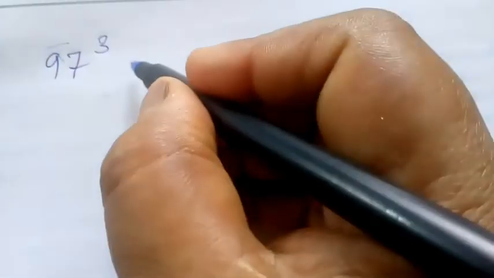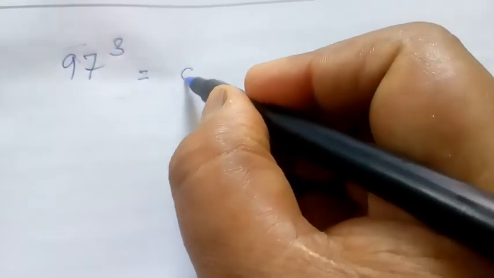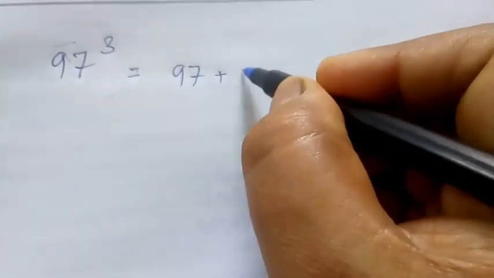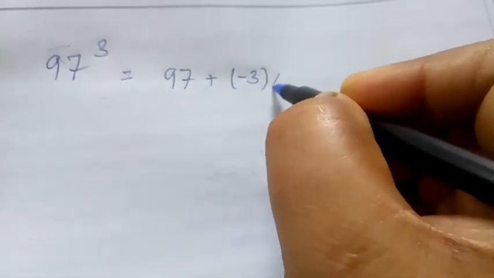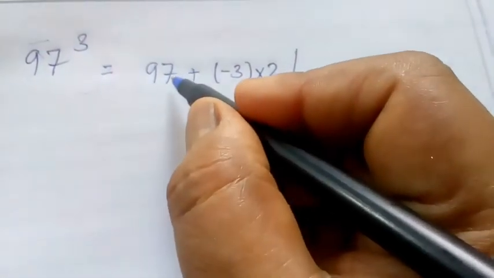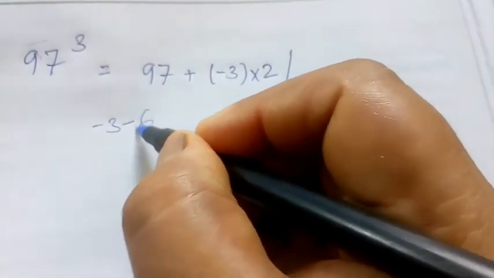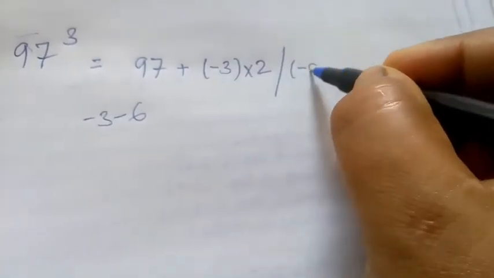One more example for negative: 97 cube. 97 is 3 less than 100. It means 97 plus minus 3, multiplied by 2. This is the formula, multiplied by 2. Again minus 3 is less, and minus 6. Here is minus 9.